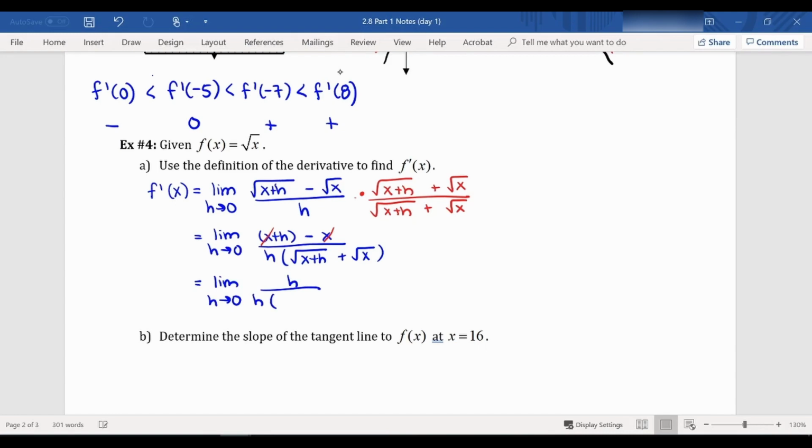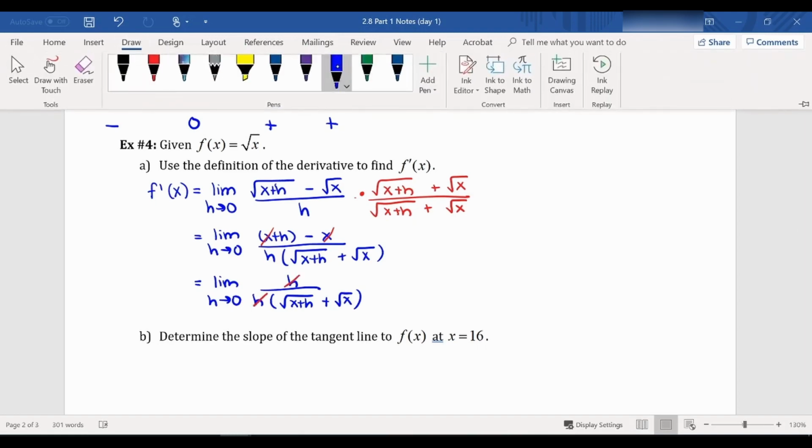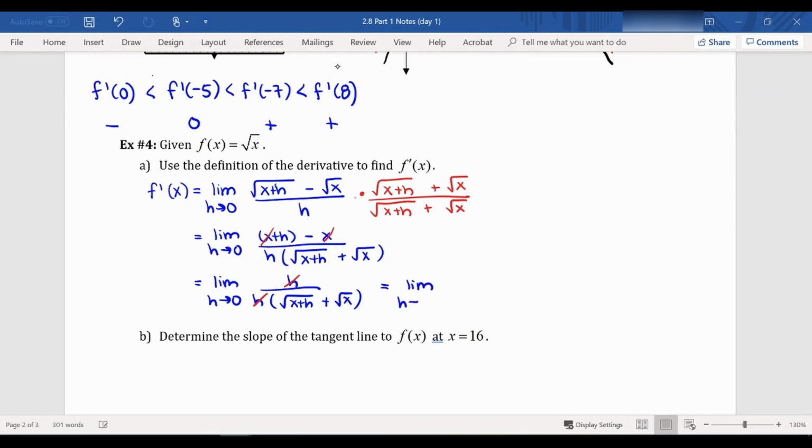On the bottom, we have h times the conjugate, which means our h's cancel out. And we are left with the limit as h approaches 0 of 1 over the conjugate. Now I can plug my h is 0 in and actually evaluate the limit, and I get 1 over root x plus root x, or 1 over 2 root x.